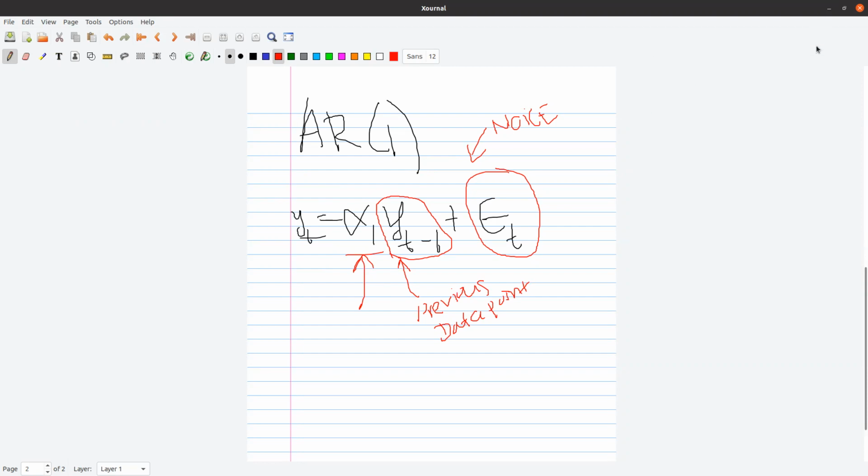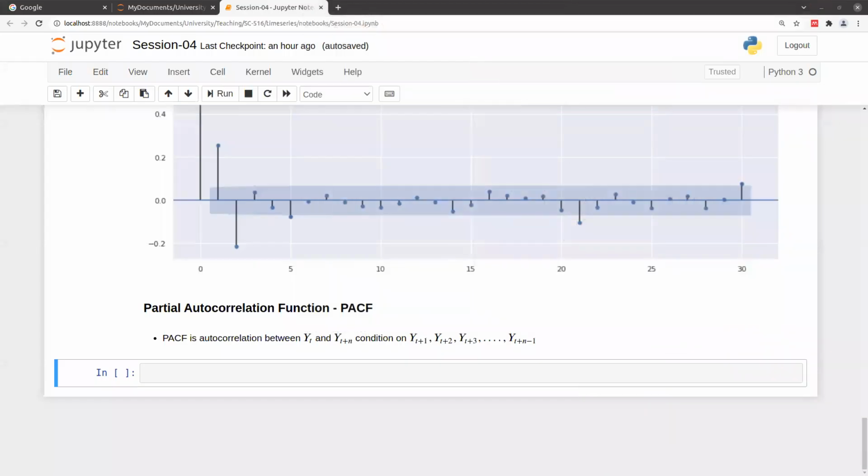Now we are going to simulate this equation with Python code. We are going to simulate the AR(1) process with PACF.